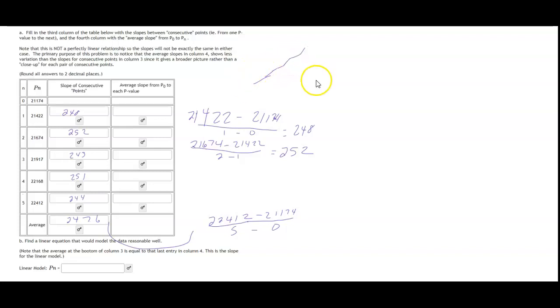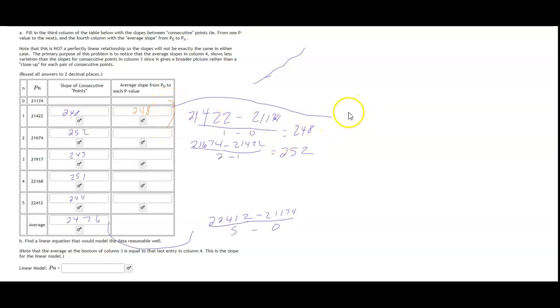Now, if you do the average slope from p sub 0 to each p-value, we'll do these over here. These are going to give us something similar at first, because from p sub 0 to p sub 1 is still going to be 248, because the span is still 1. But if we jump up to 2, we want to go from this point to this point.